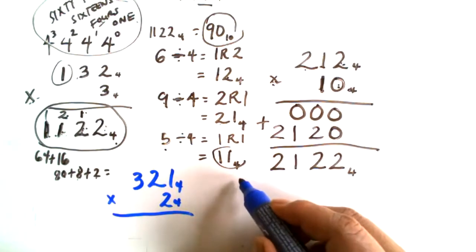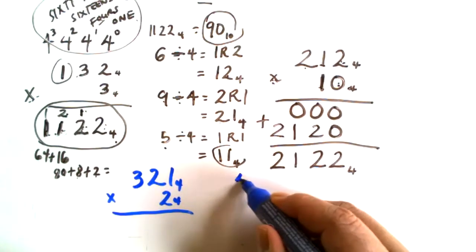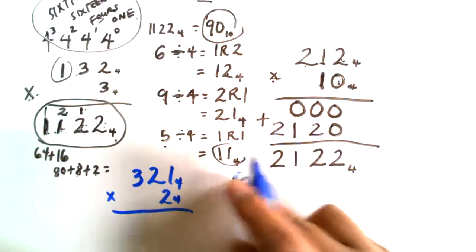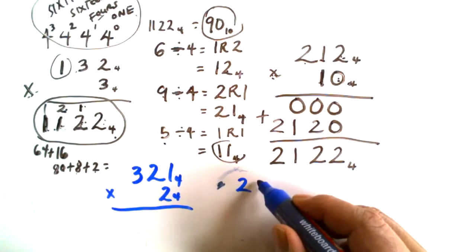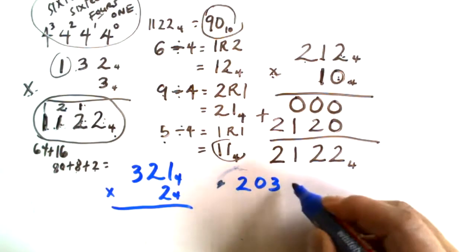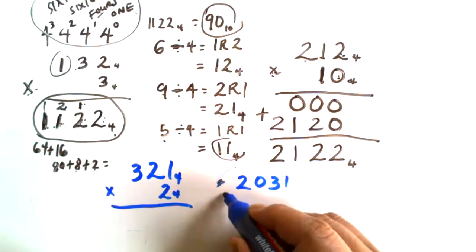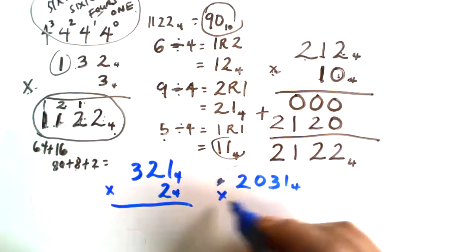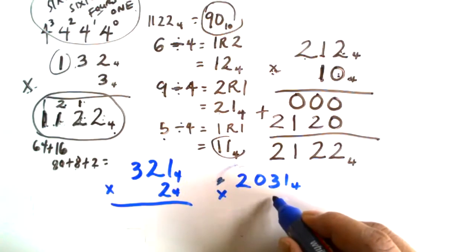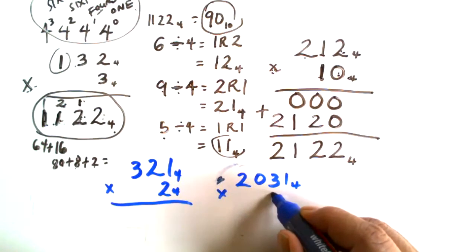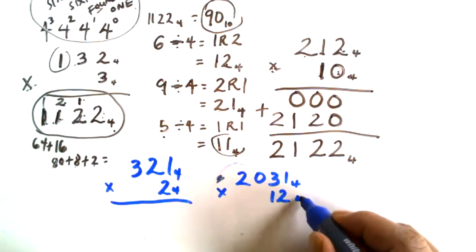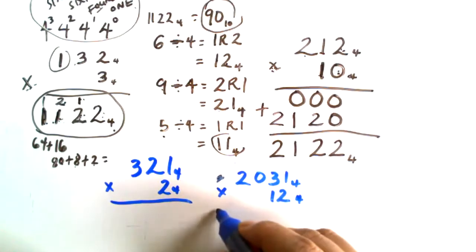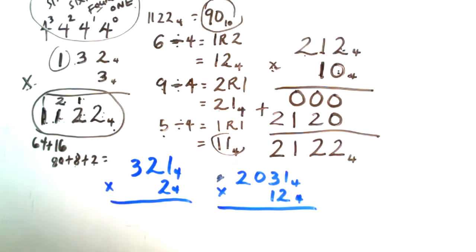The other one would be, where we can't use 4, what is 2031 in base 4 multiplied by 12? This is a little bit complicated, but yes, let me know your answers in the comment section below.